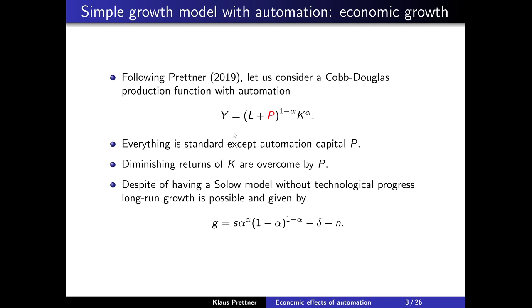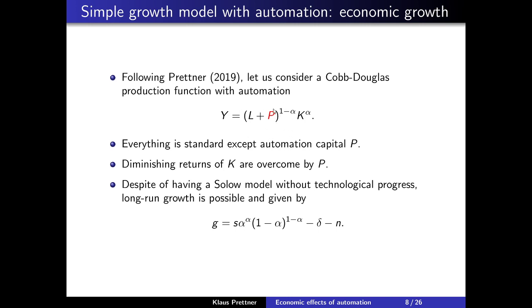So in the standard Solow growth model, we have that final output is produced with workers with an output elasticity of 1 minus alpha, and traditional physical capital with an output elasticity of alpha. But now what we have is that automation makes it possible to substitute for workers perfectly. So that's captured here by this sum between workers and robots, automation capital.